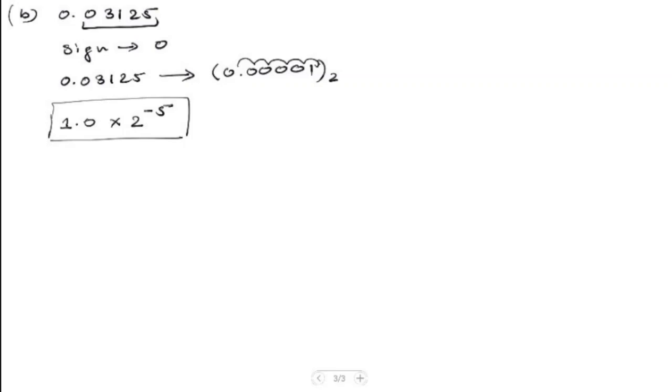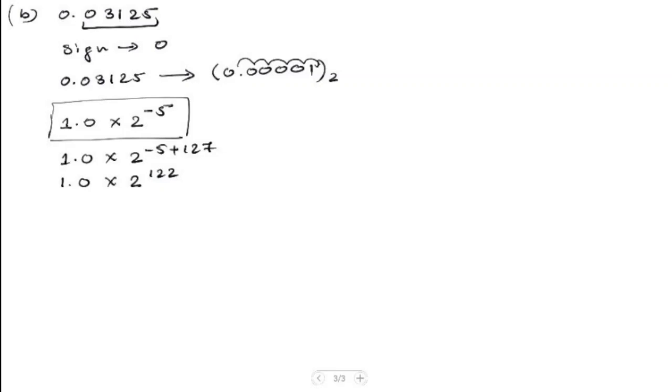So once we get the normalized value, now what we do is we add bias to the exponent. We have our exponent as -5, so I'll just write the whole value down again. -5 plus 127 gives us 1.0 times 2 to the power 122.